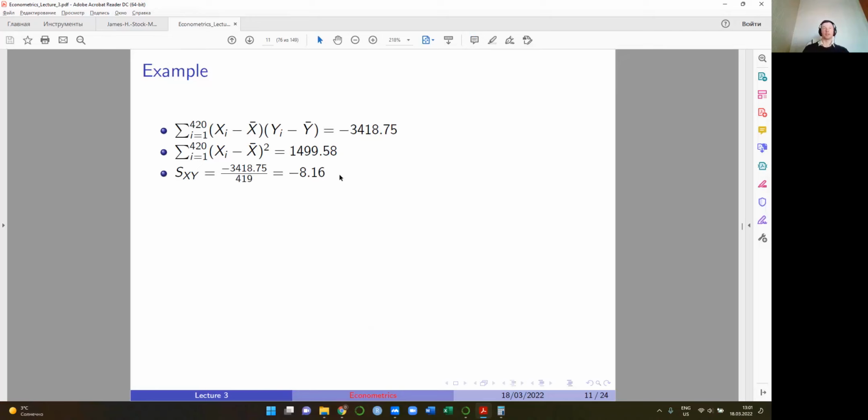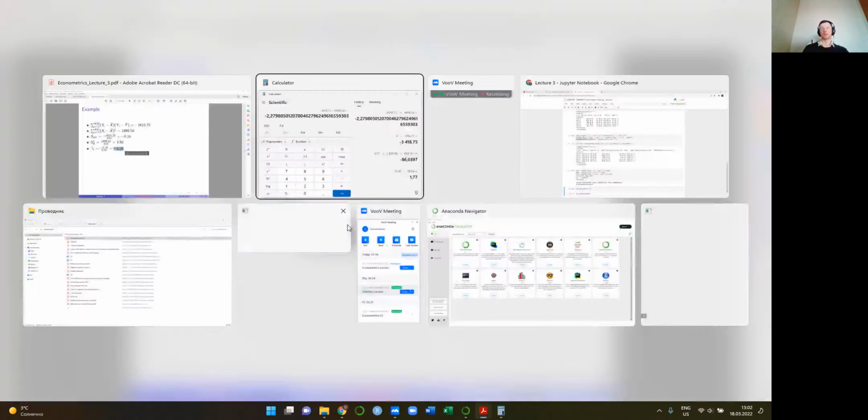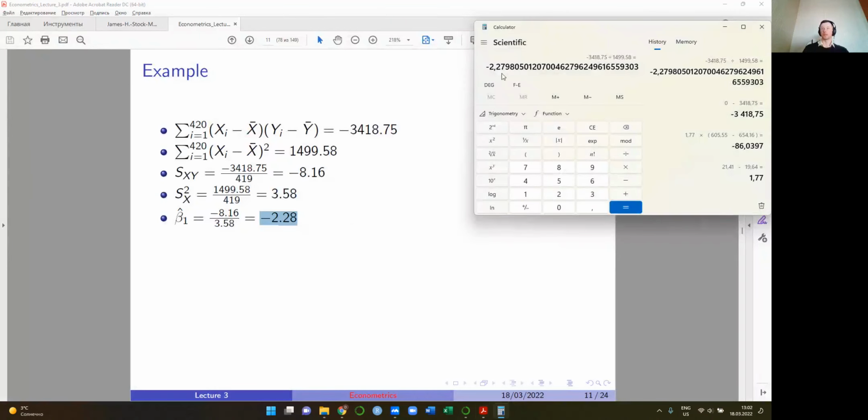We have this, minus 8.16. This is the sample variance of x, this number divided by 420 minus 1. And then finally we can calculate beta 1 hat. As I said, either we can divide this by this directly, or we can divide covariance by sample variance, and we get the same, minus 2.28. You can see that the result is exactly the same as I calculated based on these two sums.